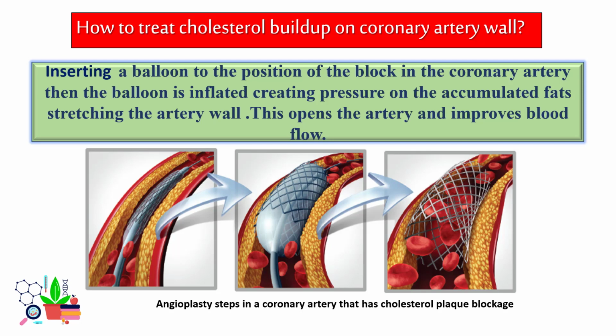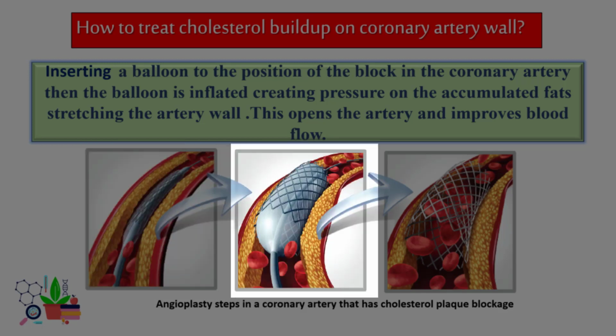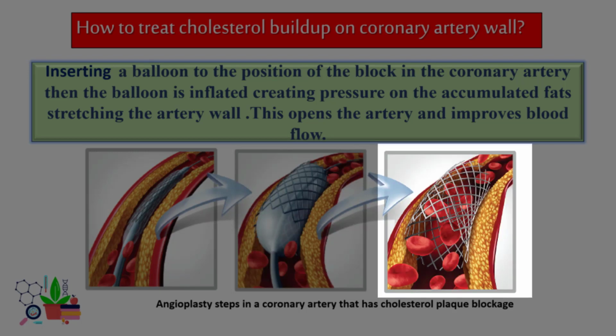Then the balloon is inflated, creating pressure on the accumulated fat and stretching the artery wall. This opens the artery and improves blood flow. As you can see here in the figure, in the first picture, a tiny balloon catheter is inserted in the blocked blood vessel. At the blockage, the balloon is inflated and the artery wall stretches. This will open the artery and allow blood to flow normally.